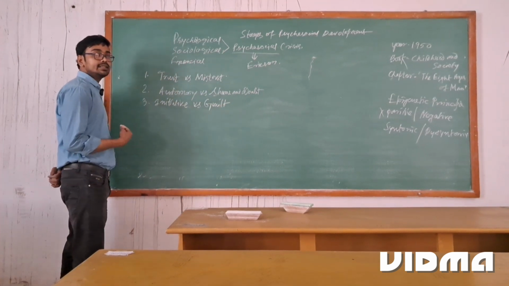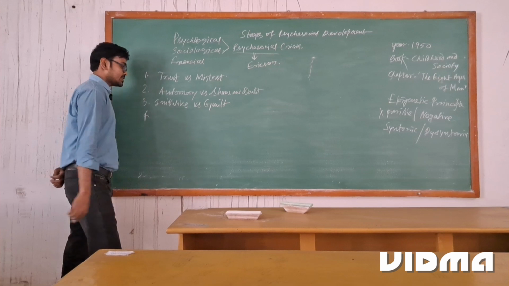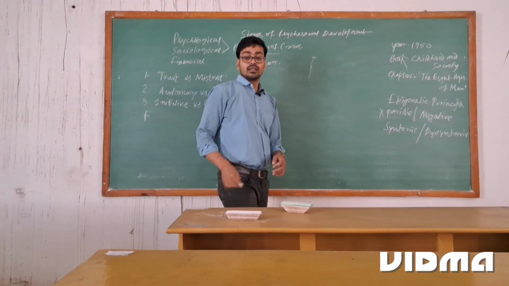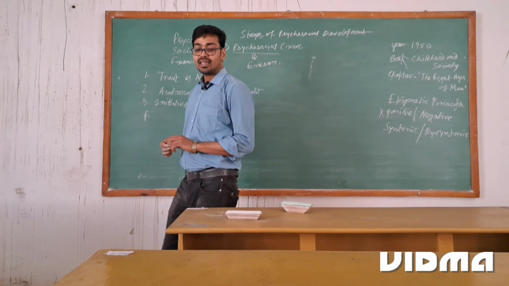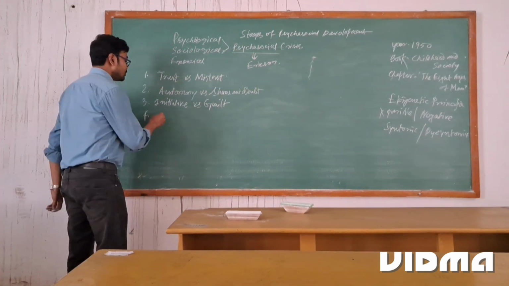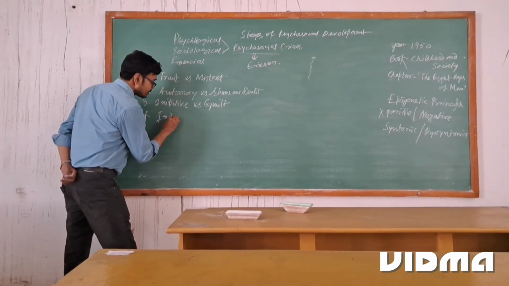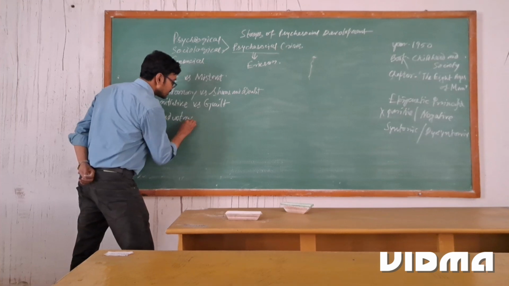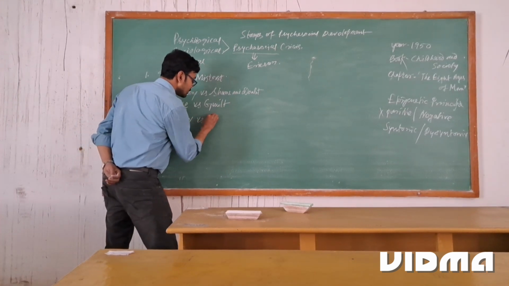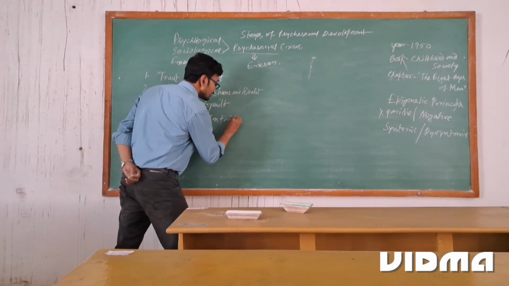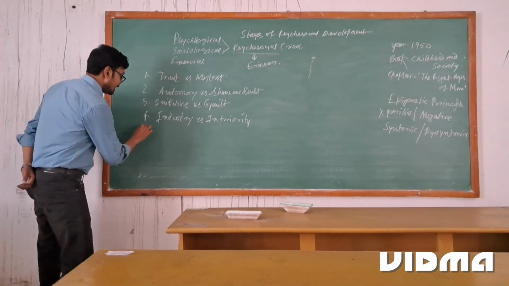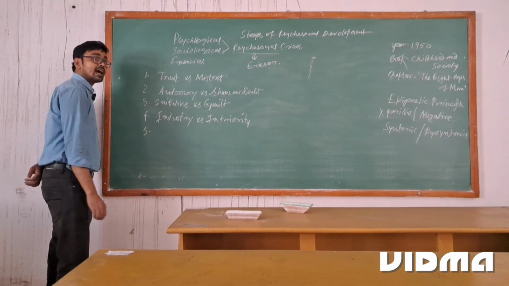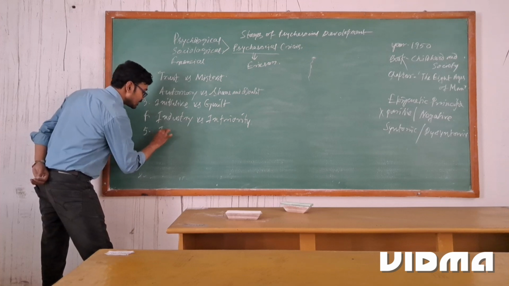And the fourth stage is industry versus inferiority. The name of the fifth stage is identity versus role confusion.